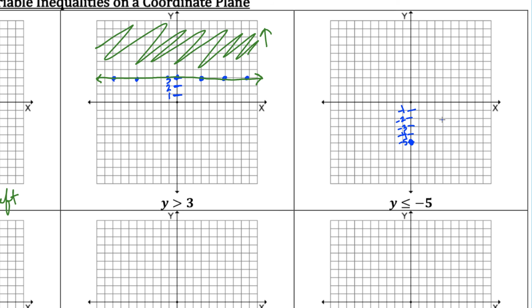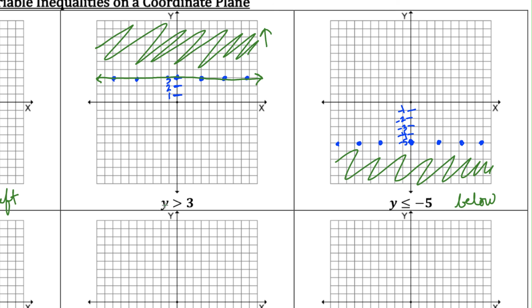And so over here is where y is -5 still. It just has to go this low, right? Now, y has to be less than. So the y's you want to be below, because you want the y's that are less than -5. So -6, -7, -8, -9. You want the ones that are below, like right here.